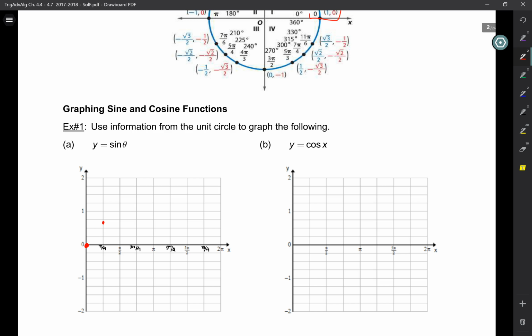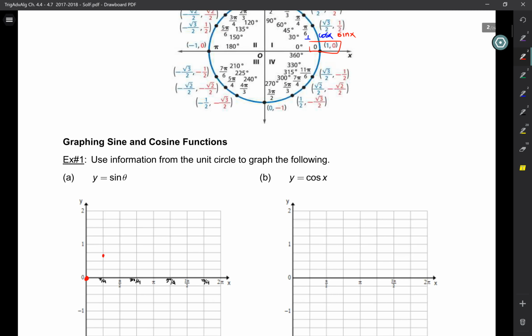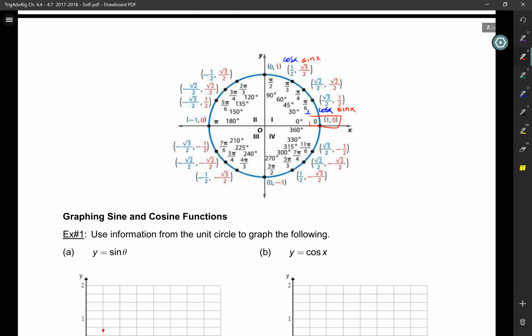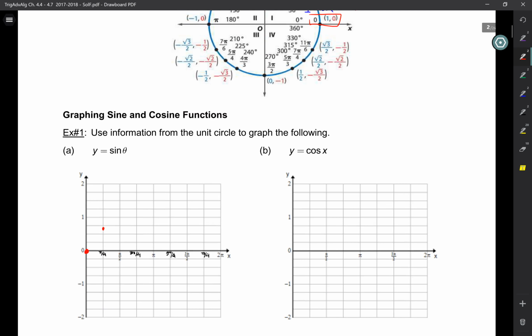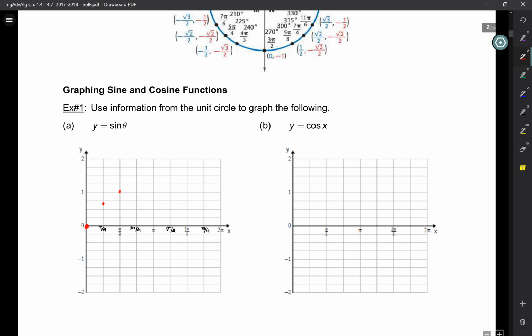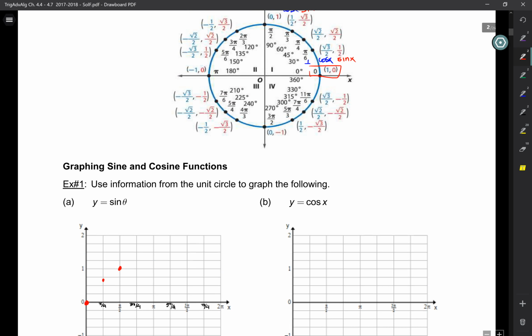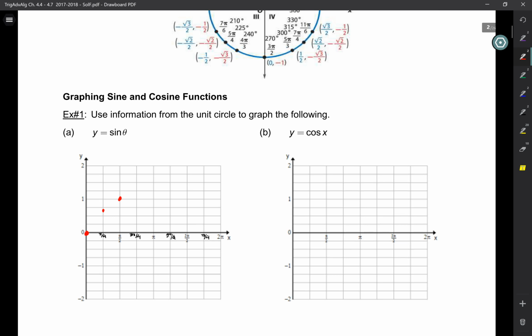Somewhere over there, right? Okay, now at pi over 2, how much is the sine if we go back up there? 1. Okay, now at 3 pi over 4, how much is the sine? Root 2 over 2, which is 0.7.